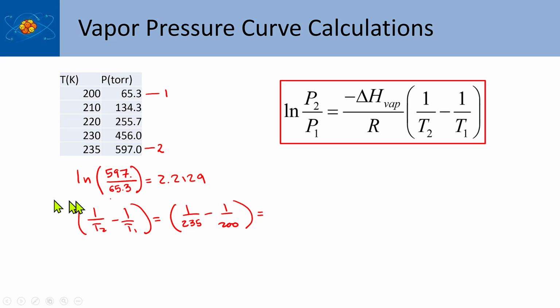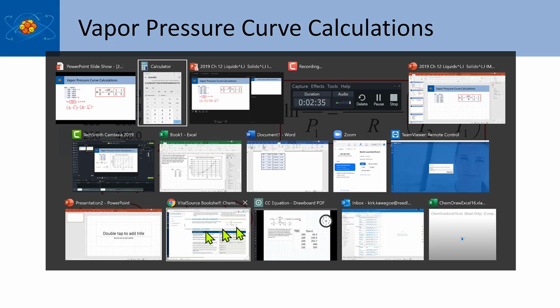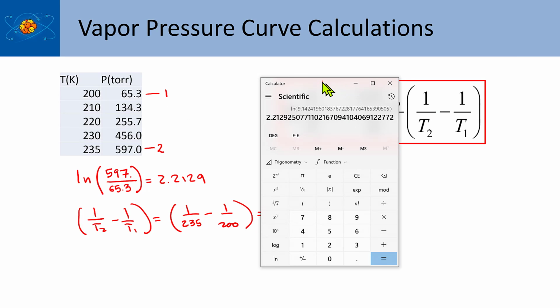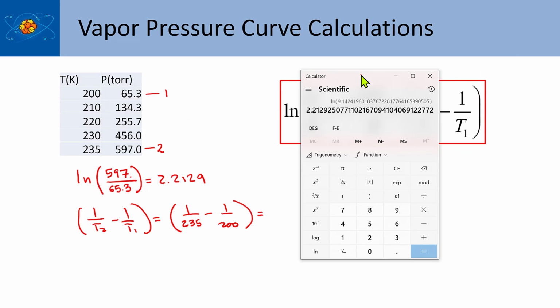This is actually where people have the biggest trouble on these calculations. They end up getting answers that are close but aren't quite right, or sometimes they even get answers that aren't even close. So the easiest way to do this is just say 1 divided by 235 minus 1 divided by 200, and then hit equals, and that's the number you'll get.